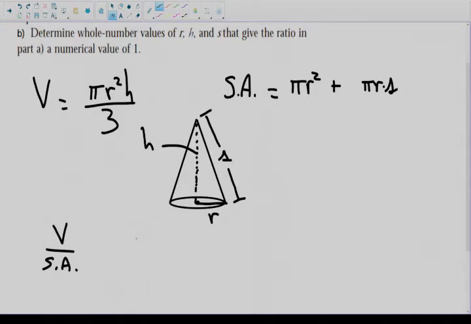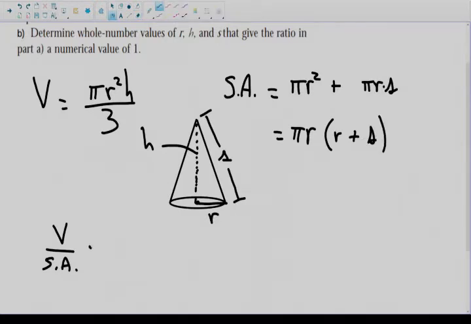Now the volume formula is pretty much already as simplified as it can get, but what can we do with the surface area? Well, I don't know if you noticed that both of the terms here contain a pi and an r. So if I factor out pi r, that would become r plus s as the simplified or factored version of that.